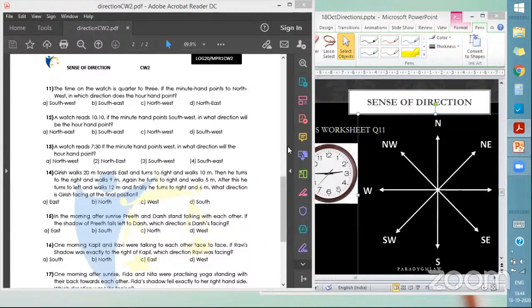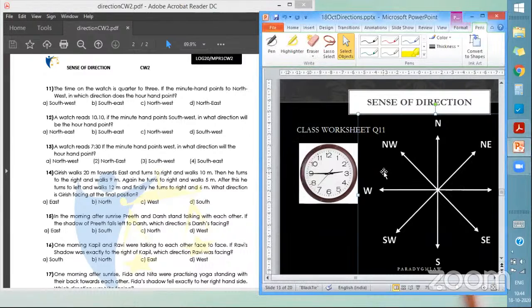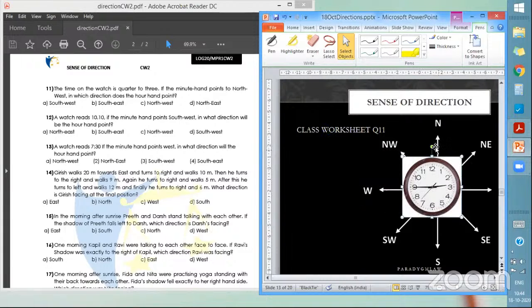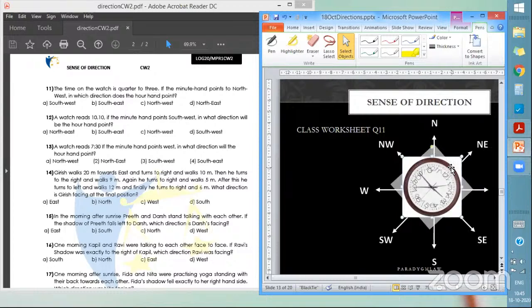Check your answer. Why will it be northeast? The time on the watch is quarter to 3. That means 15 minutes to 3 o'clock or 2:45. Okay, the clock is given here. Minute hand points northwest. Therefore, our hand will point.